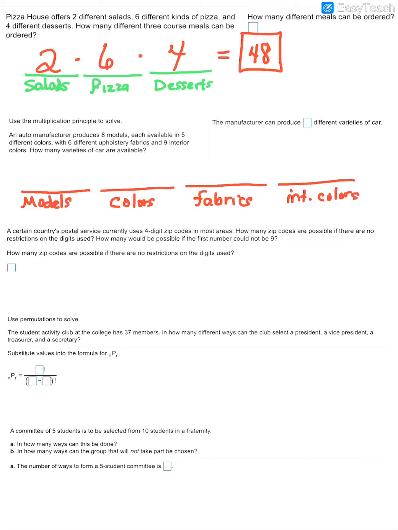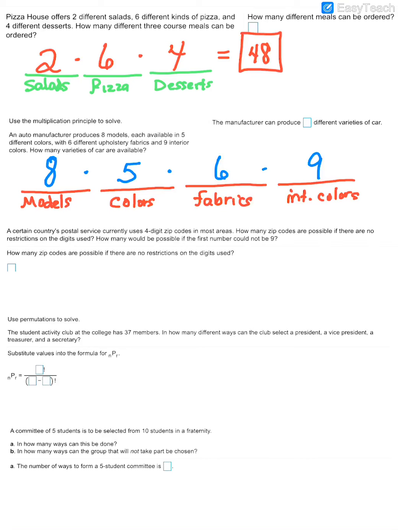And so they're asking me how many varieties of cars are available. So starting with the model, I had 8 different models to choose from, times 5 different colors, times 6 different upholstery fabrics, times 9 different interior colors.